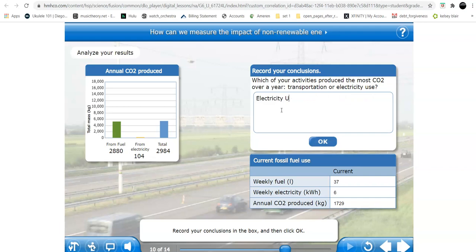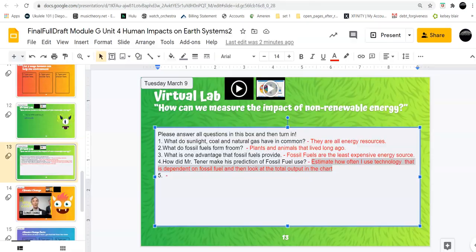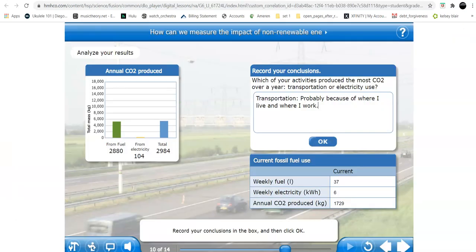Actually, no, it's transportation. Okay, I'll put questions over here later, but let's finish this up. Here's my mouse.